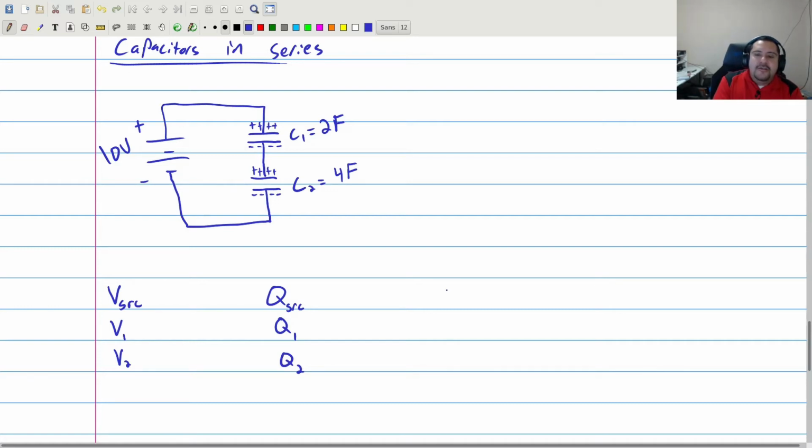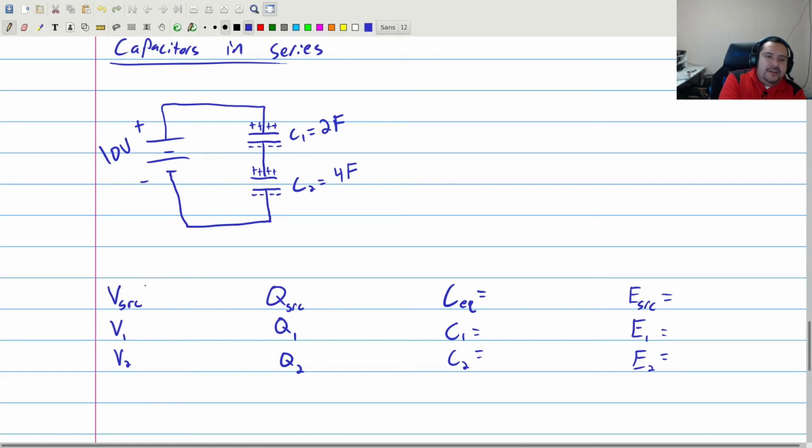I'm going to have CEQ for the total capacitance that the battery sees, the equivalent capacitance. We're going to have C1 and C2. And then finally, we'll have energy that the source provides, energy 1, and energy 2.